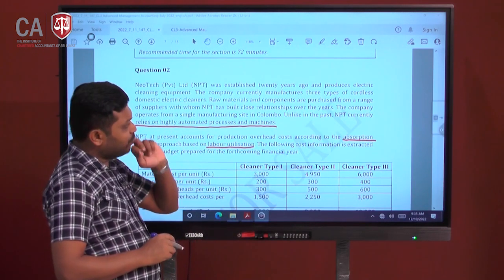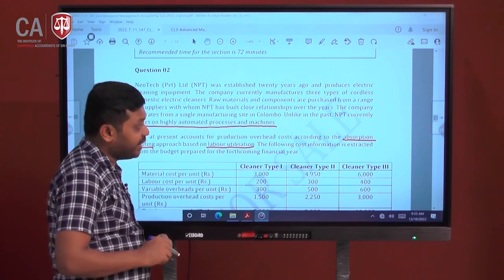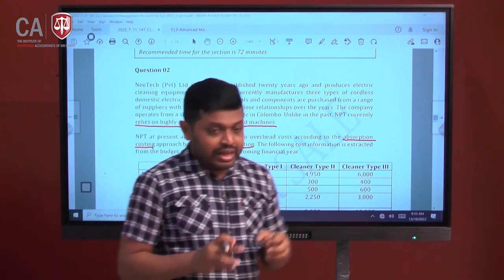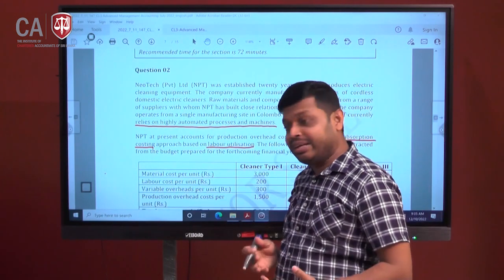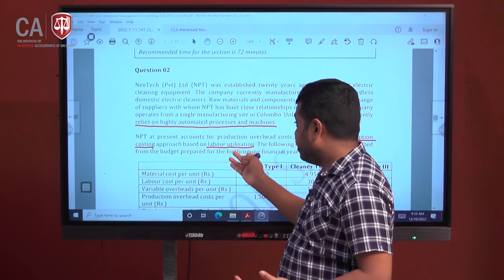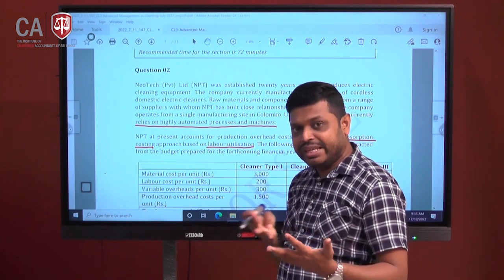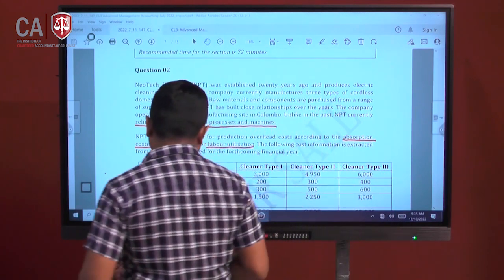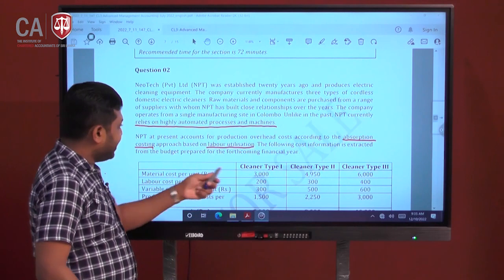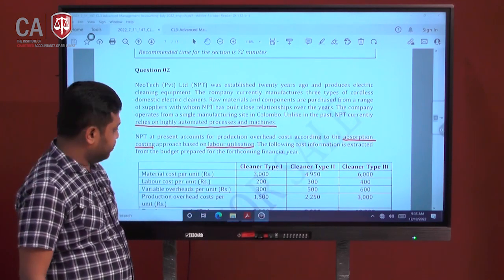The following cost information is extracted from the budget prepared for the forthcoming financial year. When entity operation is highly automated, will there be labor involvement? It should be lower. Right, we will see. There are 3 types: cleaner type 1, cleaner type 2 and cleaner type 3.